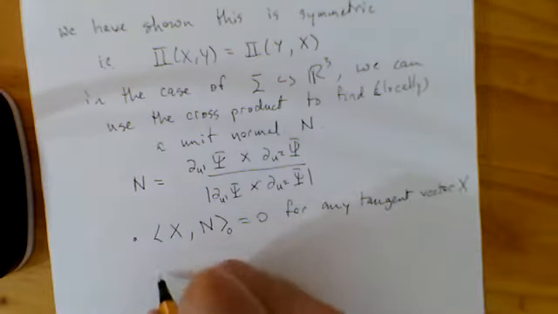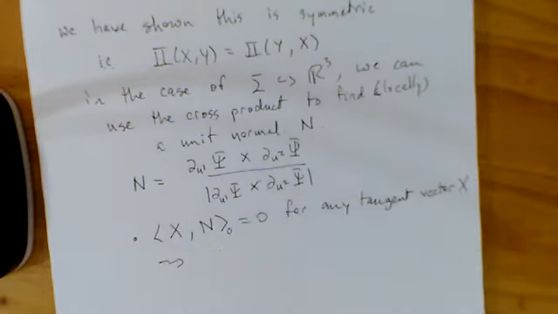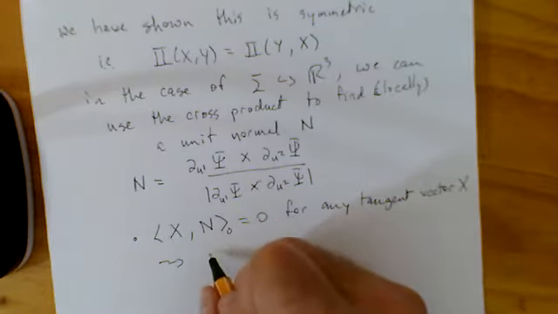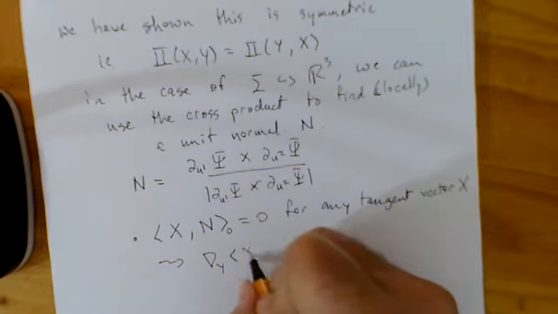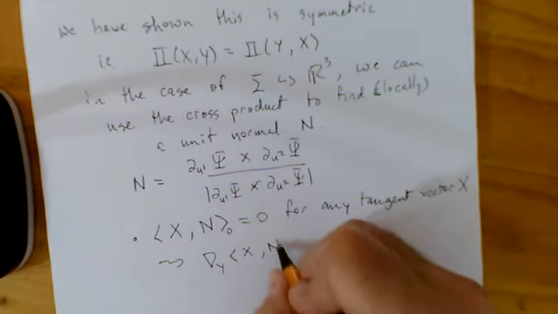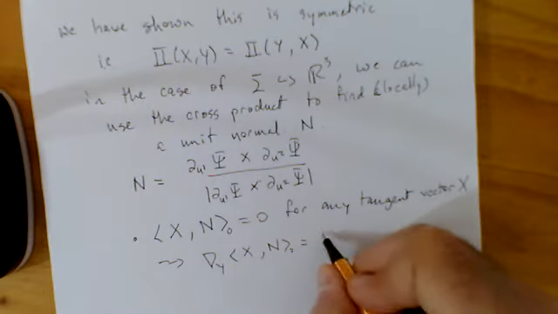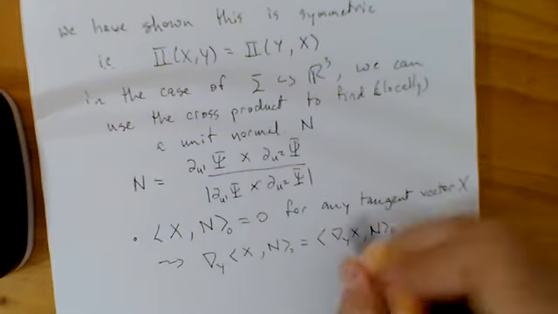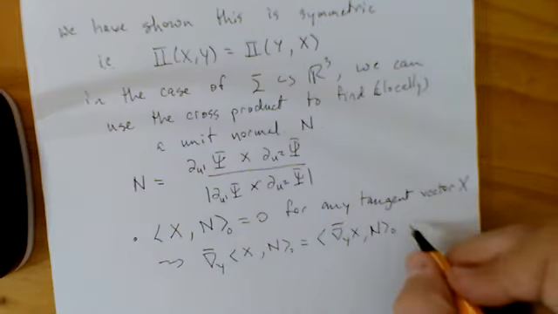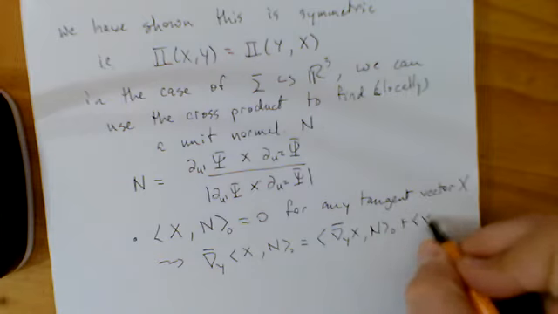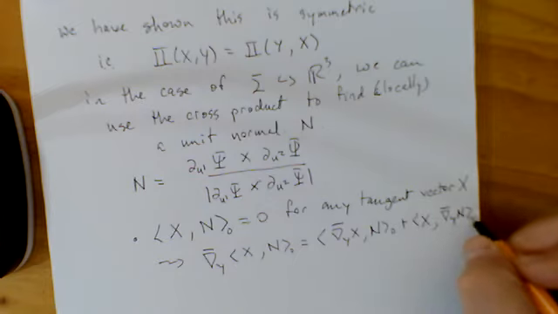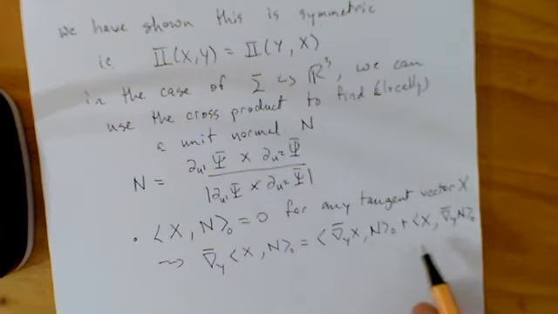With my normal vector. And as a consequence of this, what do we see? We see that if we differentiate this, we see this.